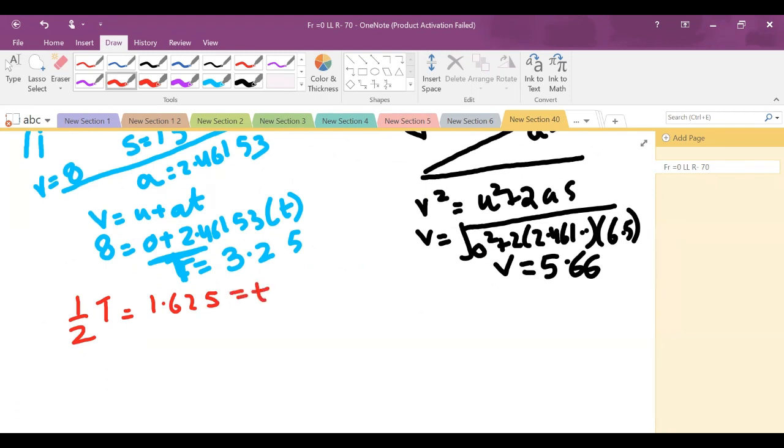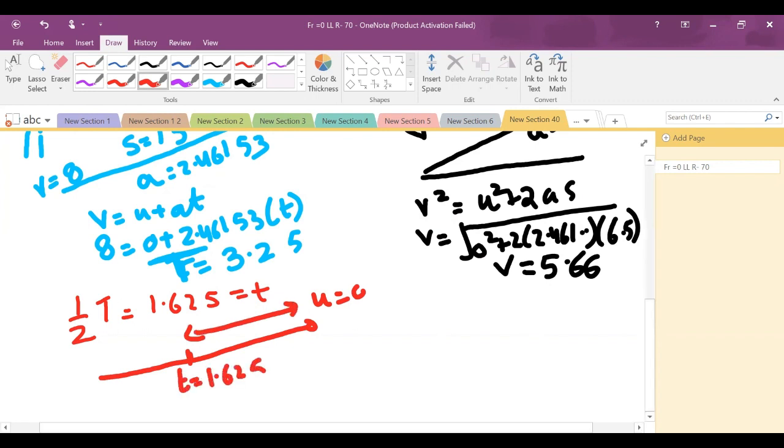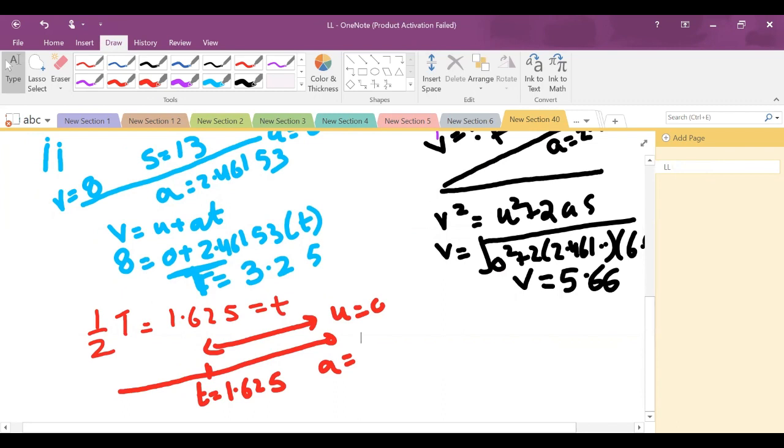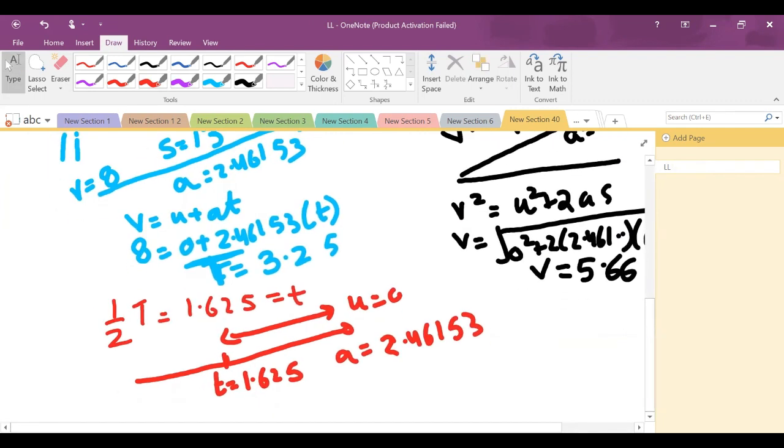That's the time now. So स्लोप के टॉप से जहाँ u 0 था एक पर्टिकुलर पॉइंट पे आए हैं यहाँ तक, लेट्स से जहाँ पे टाइम कवर is 1.625. A is still the same, coming downwards, 2.46153. अब हमने फाइंड करना है v.